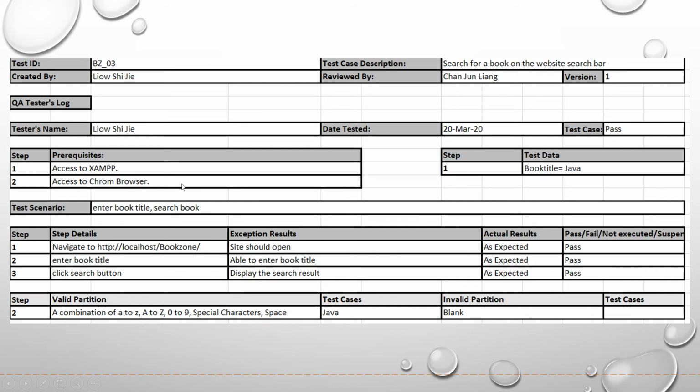And also the same 2 prerequisites and only 1 data for this test case, which is book title, and 3 steps to complete this test case, and the only data is the valid input. The input can be any data, a combination of A to Z, 0 to 9, special character, space, and invalid is blank, so as this.